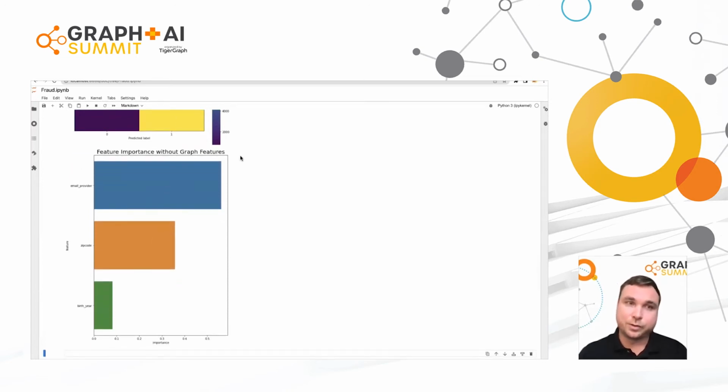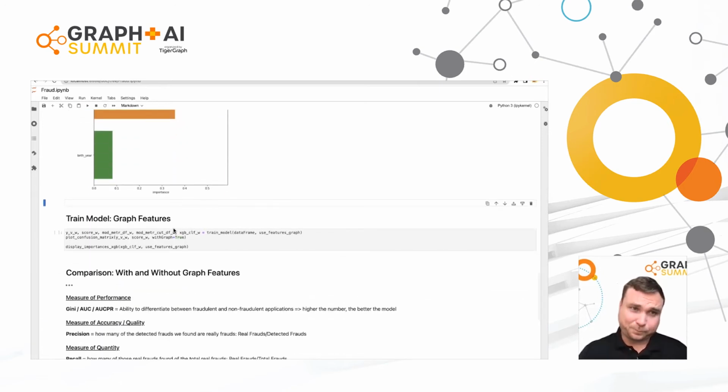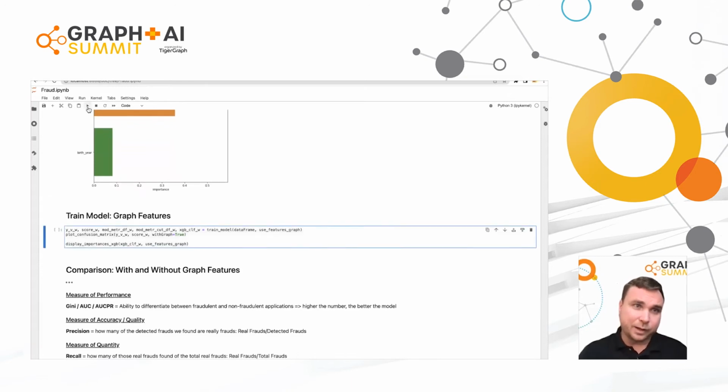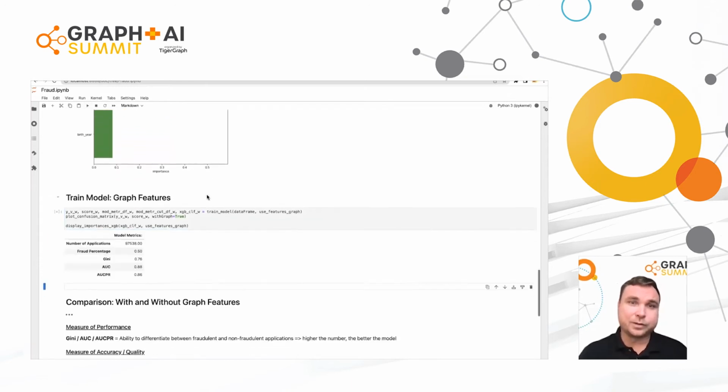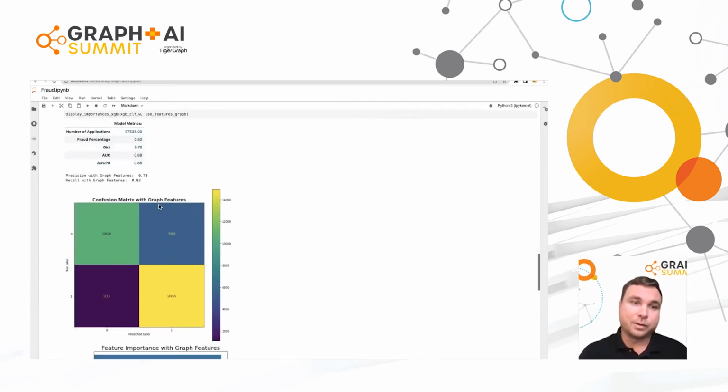But what's important to examine here is the relative feature importance without using graph features. So we can see here that the email provider and the zip code are the two most important elements when determining whether an application is fraudulent or not. Now, if you do the same thing, except we incorporate graph features, we can see already that the performance of the model has gone up.